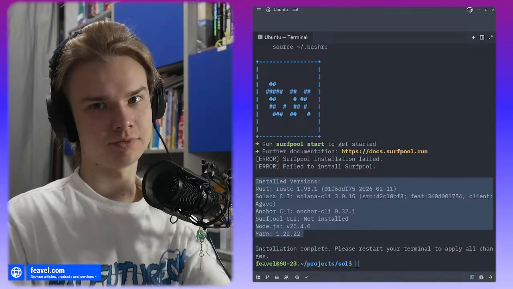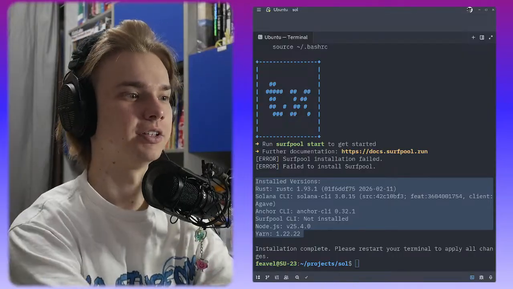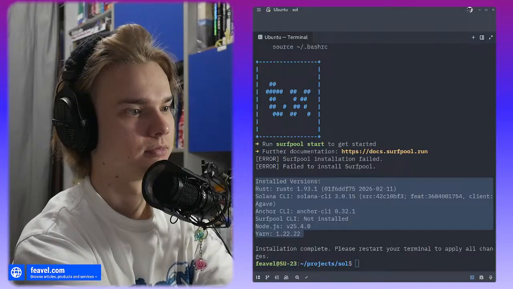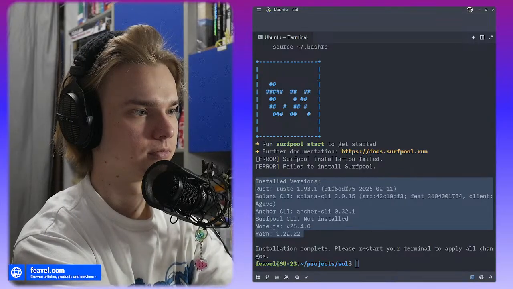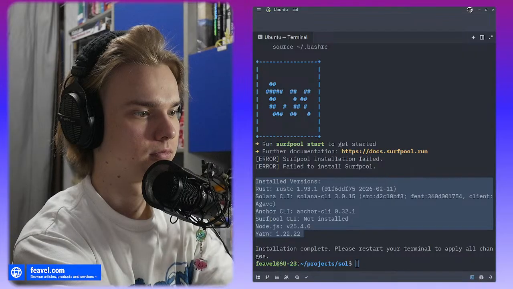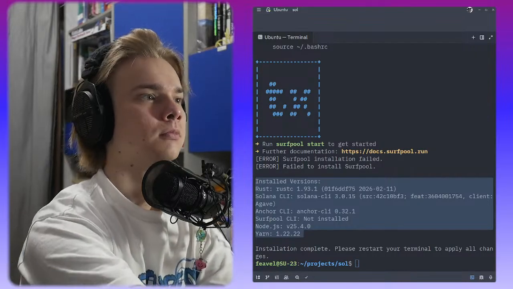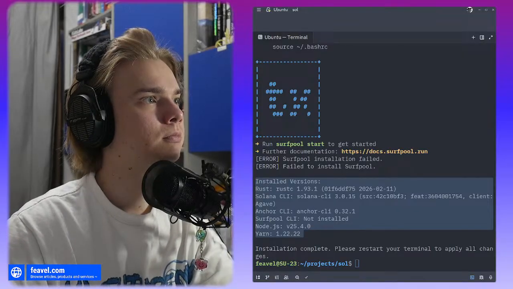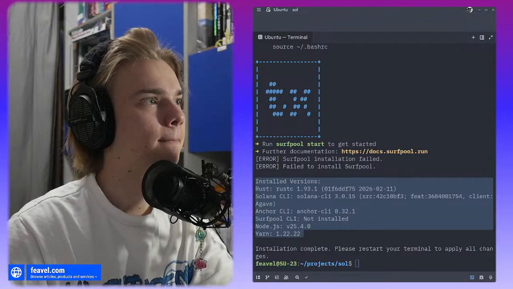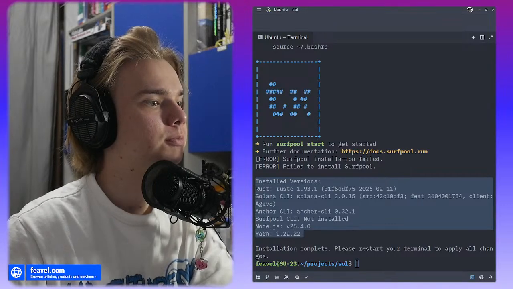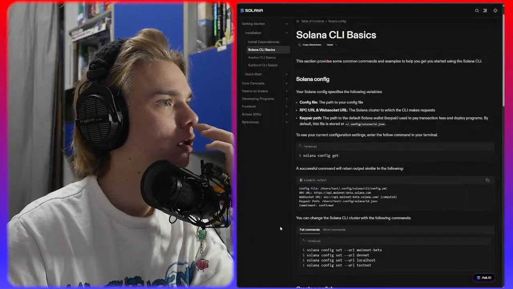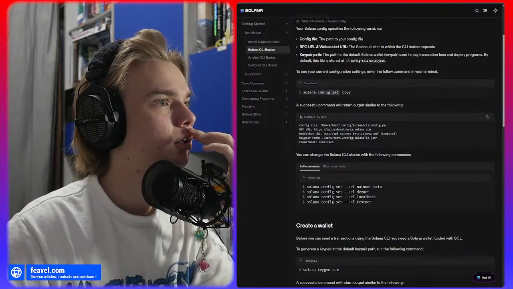Great. First time installing Solana. Let's explore Solana CLI basics. Solana configuration, solana config get.